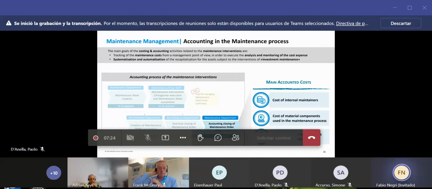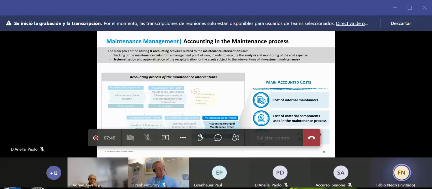Finally, there is the cost of the external interventions, in the case that there is an external supplier that does the interventions. For this kind of cost we can consider both the cost of the services, so the maintenance activities run by the supplier, but also the cost of the materials used by the supplier.